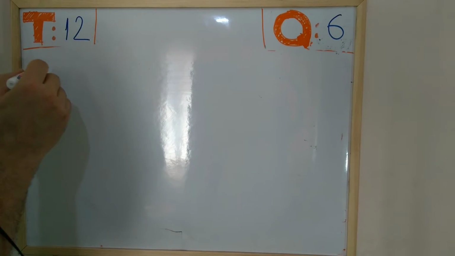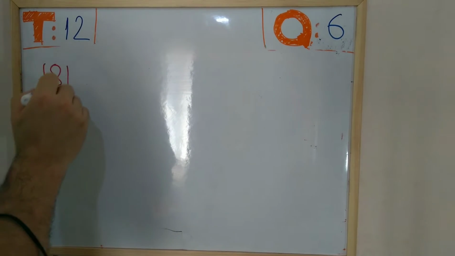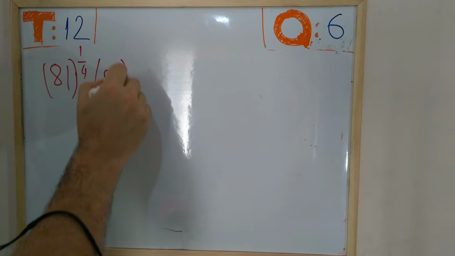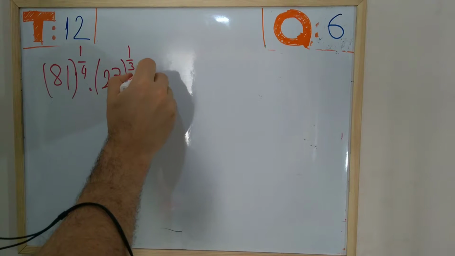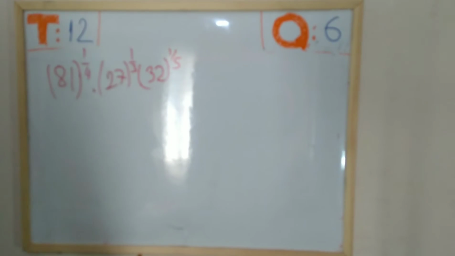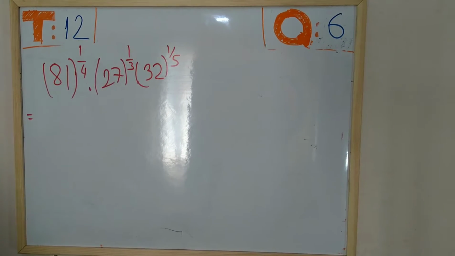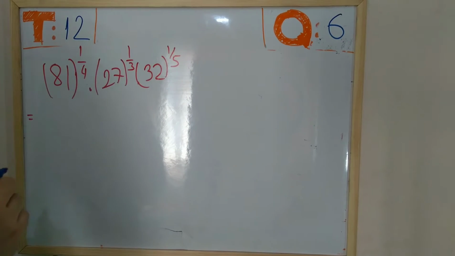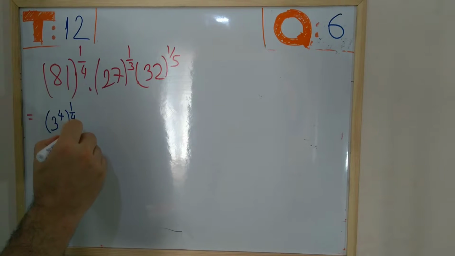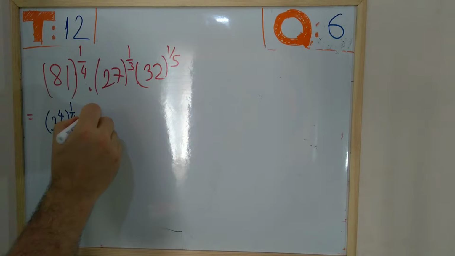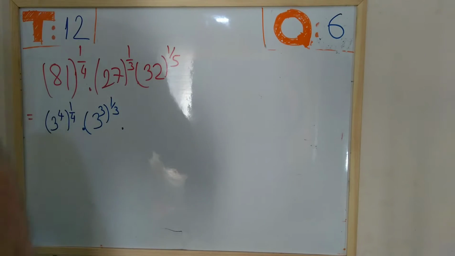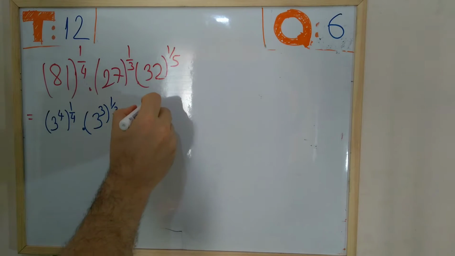Here's the question. 81 to the power of 1 over 4 times 27 to the power of 1 over 3 times 32 to the power of 1 over 5 is equal to, since we already know that 81 is equal to 9 squared or 3 to the power of 4, times 1 over 4, to the power of 1 over 4, times 3 cubed to the power of 1 over 3, times 32 is equal to 2 to the 5 times 1 over 5.